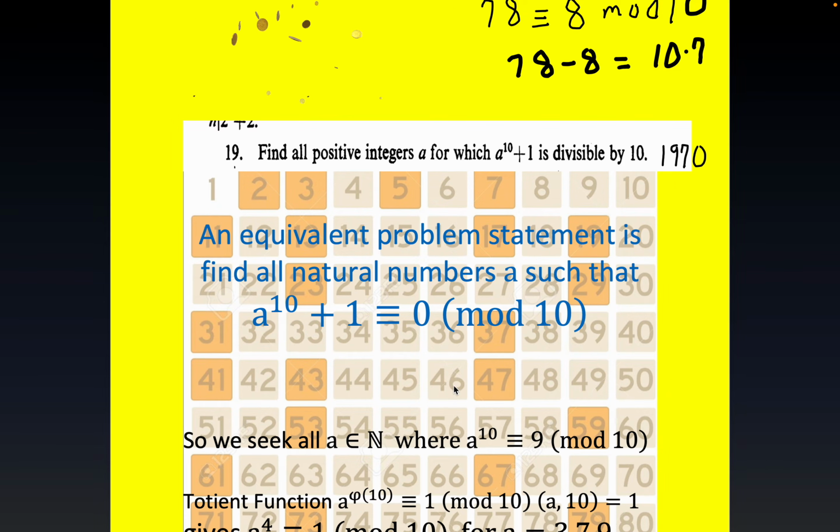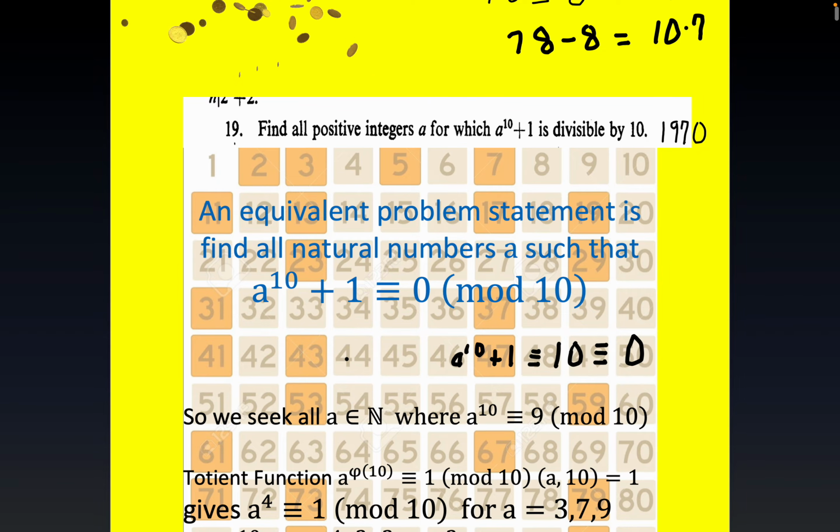And that's just because a to the 10th plus 1 is congruent to 10, but 10, of course, is 0 mod 10. So it's easier, in my opinion, just to search for these rather than always have to think about adding the 1 when you're actually doing it.